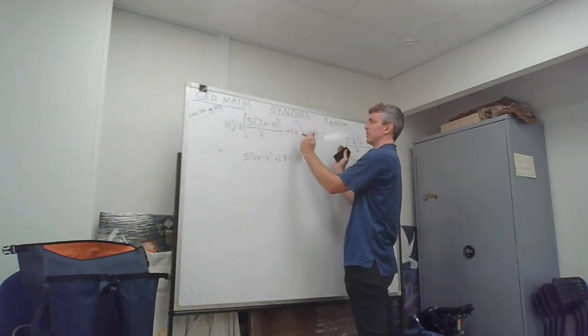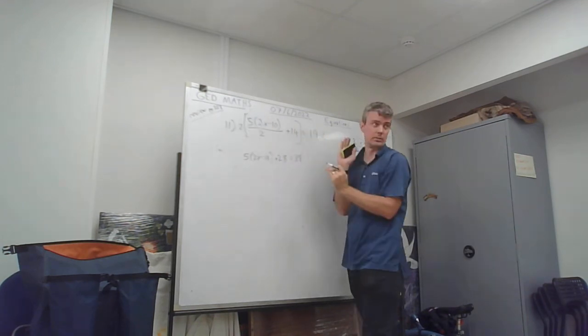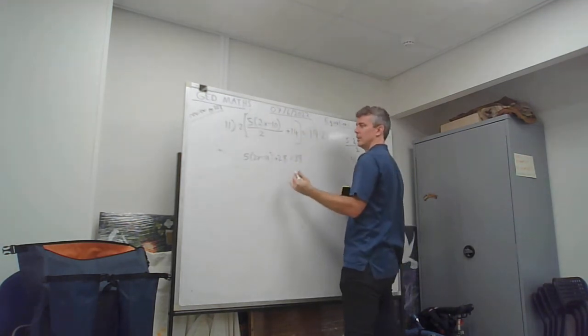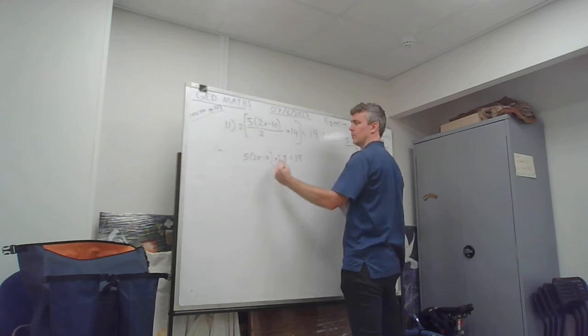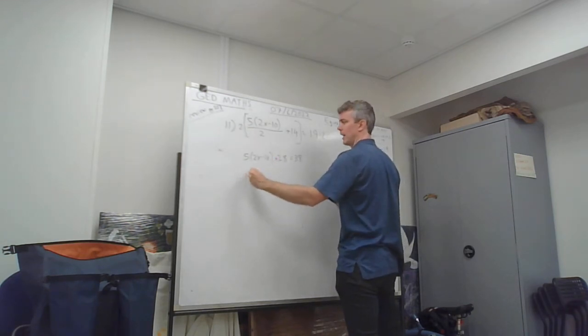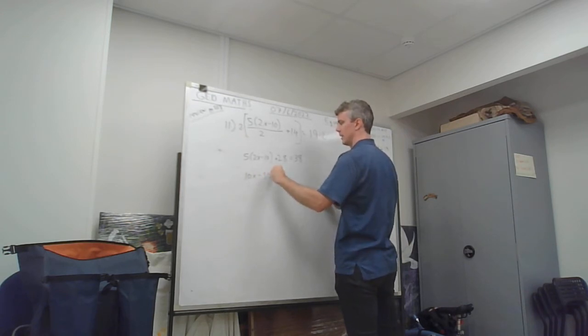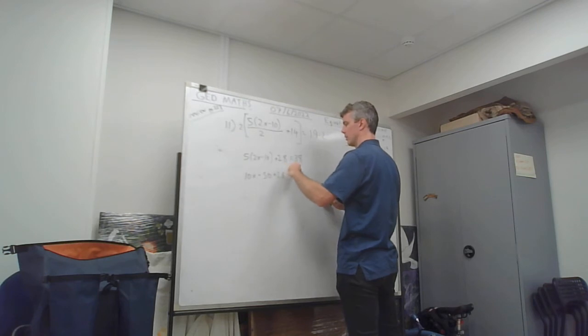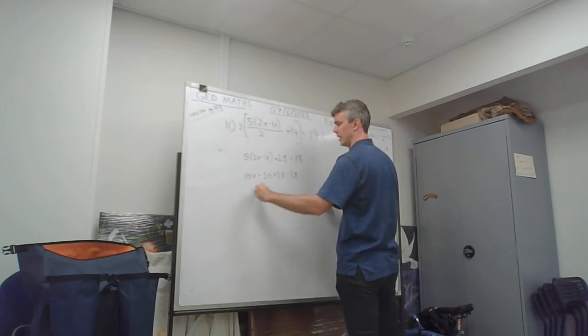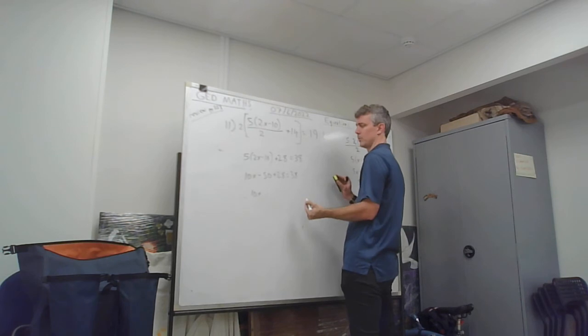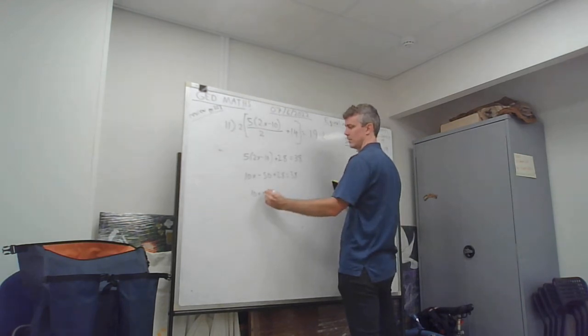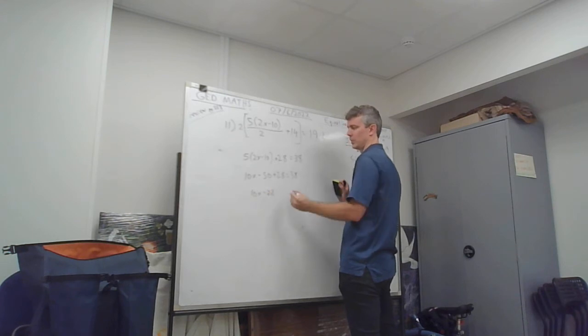So this is multiplying by 2. We do the whole thing by 2. But you could come here and say, let's solve this out. So that would become 10x minus 50 plus 28 equals 38. 10x minus 50 plus 28 is minus 22, so we have 10x minus 22 equals 38.